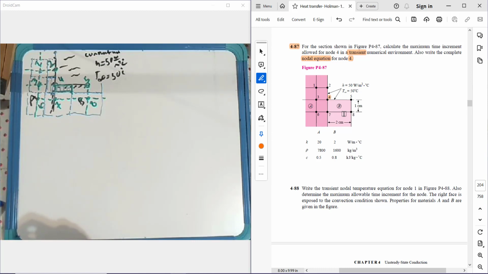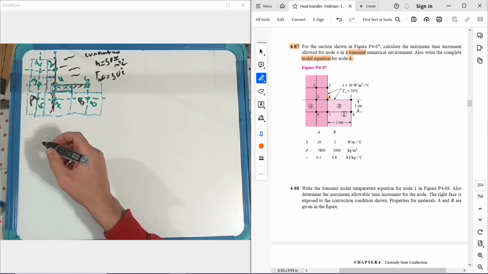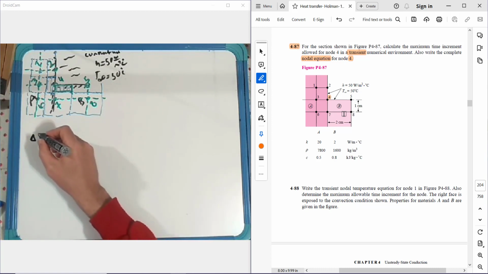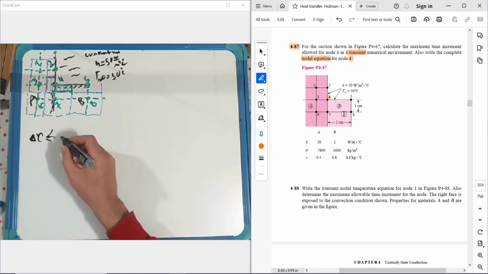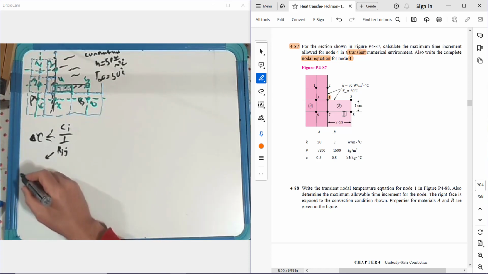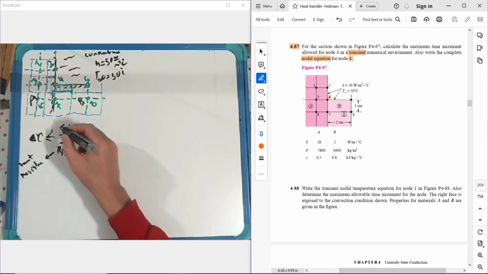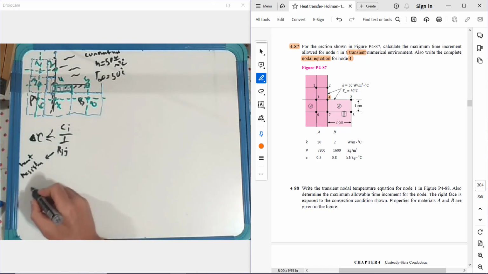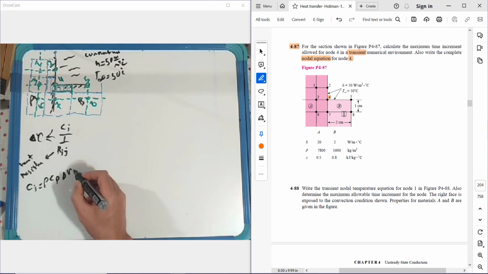As I mentioned before, our formula for this problem is that delta T should be smaller than or equal to Ci over the sum of 1 over Rij, which is heat resistance, and Ci is rho Cp delta V.